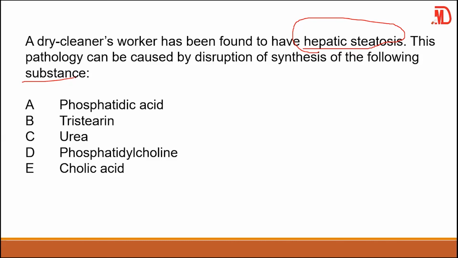So when we have an absence of choline, the enzyme phosphatidylcholine will be impaired. When that is impaired, the cell membrane or tissue will begin to be disrupted, and that's liver steatosis or fatty liver. So here the answer is D, phosphatidylcholine. All right.